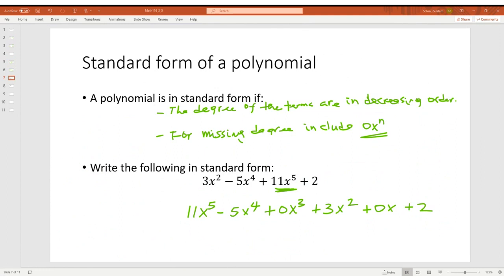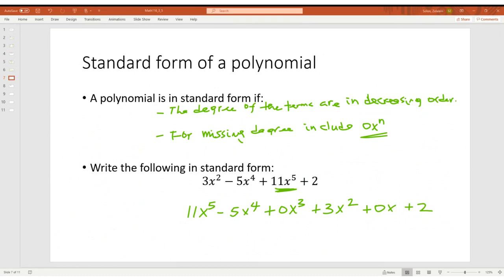Did you understand how to write a polynomial in standard form? If it is clear, just type yes or no. If you need more, I can explain it again.